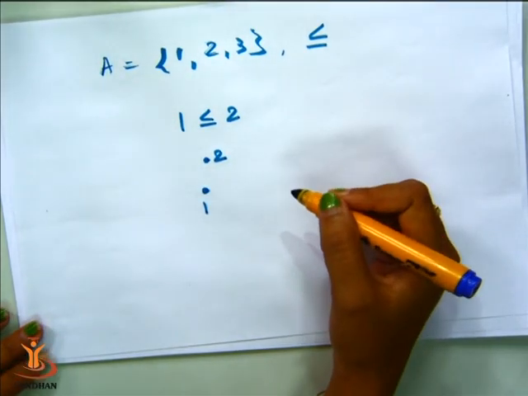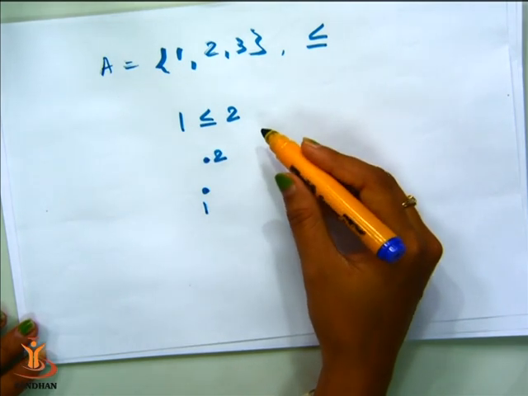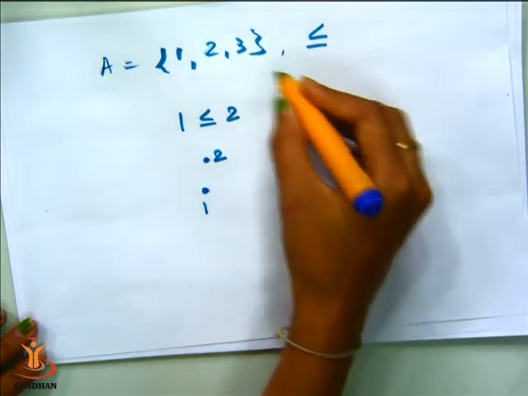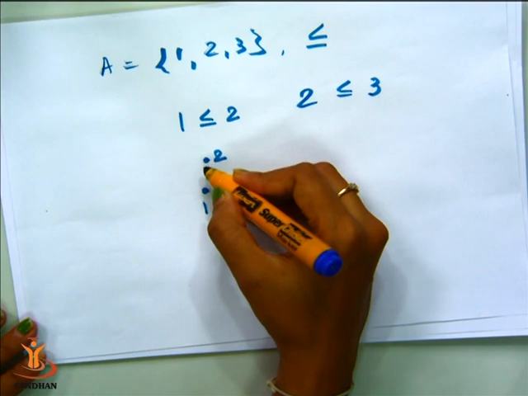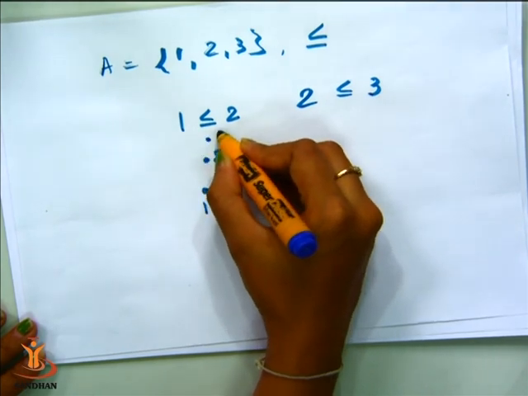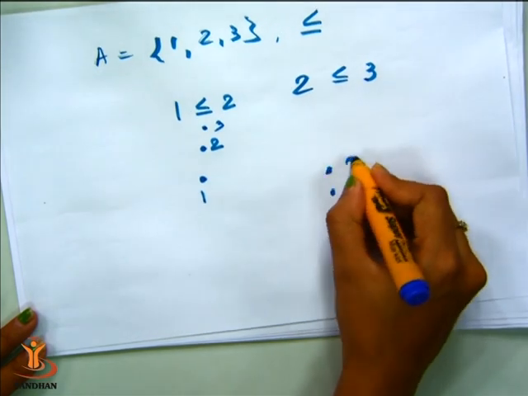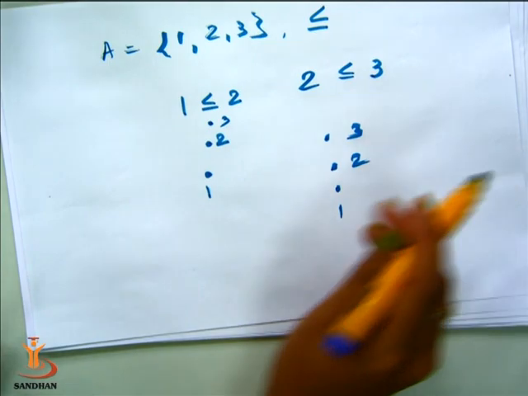To put all the elements in order at a proper height, we have to check the relation first. Similarly here 2 is less than or equal to 3, so the dot for 2 is lower and the dot for 3 is upper. So we have 1, 2 and 3 in height in the same order.